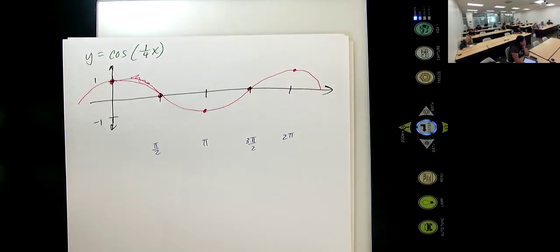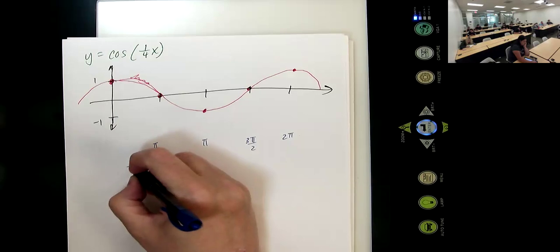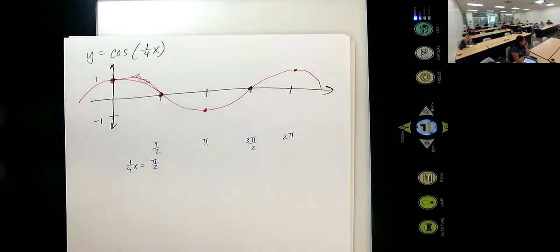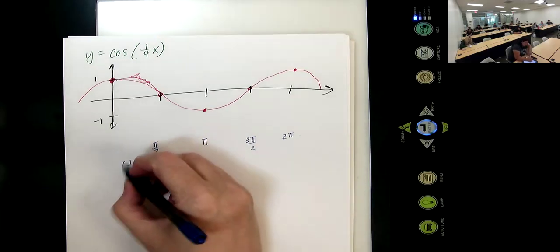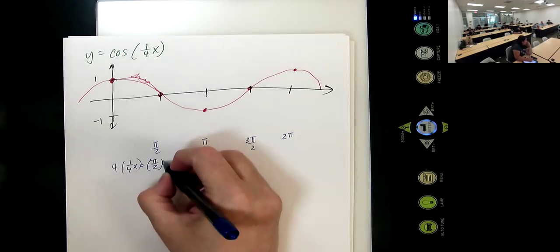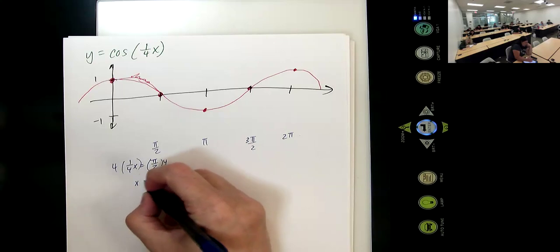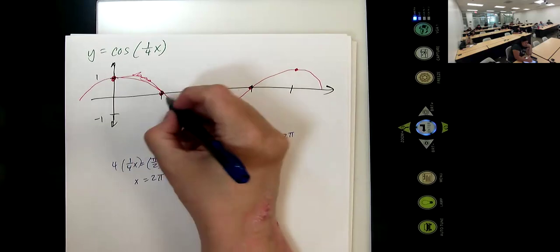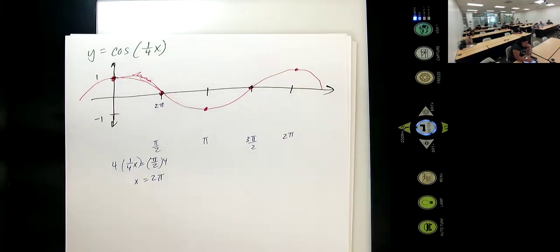I can figure out what they should be if I just set 1/4 x equal to these. 1/4 x equals pi over 2. If I solve for x or multiply both sides by 4, you see that x equals 2 pi. So that actually has to be 2 pi right there.